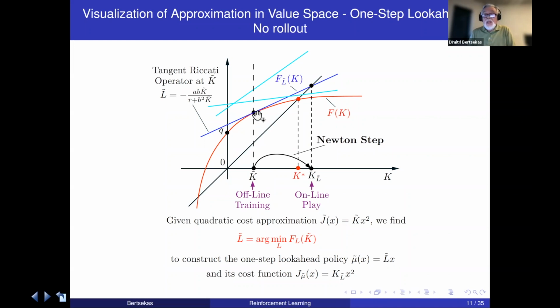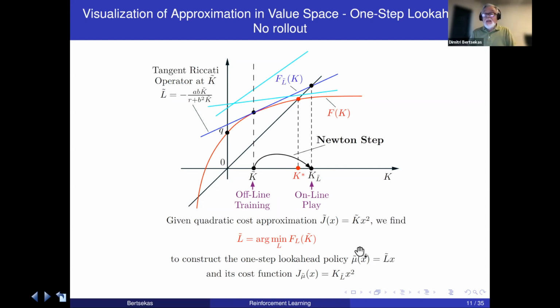So the minimum is obtained right at this point, and it corresponds to a tangent, a linearization, in other words, of the Riccati equation. So the one-step lookahead policy corresponding to K tilde is obtained by this minimization, going down this line and finding the point of tangency. And then solve the linearized problem, which gives you the cost coefficient of the online play policy, the one-step lookahead policy.